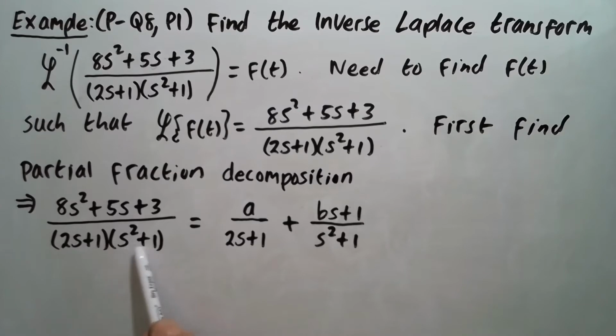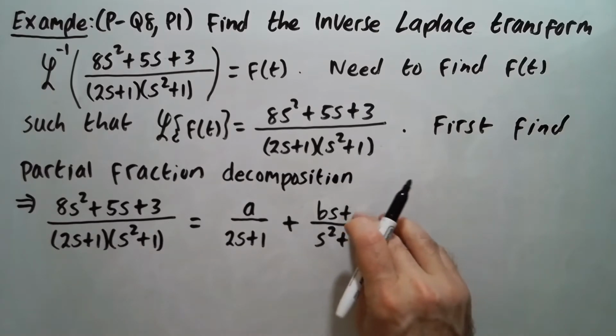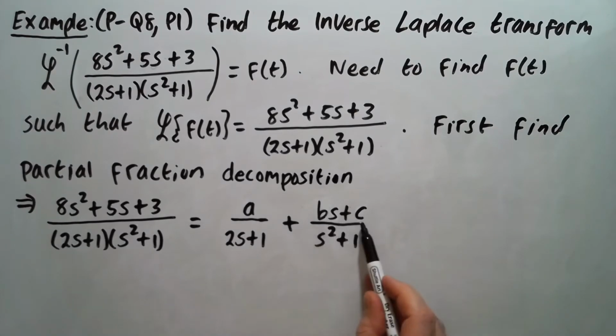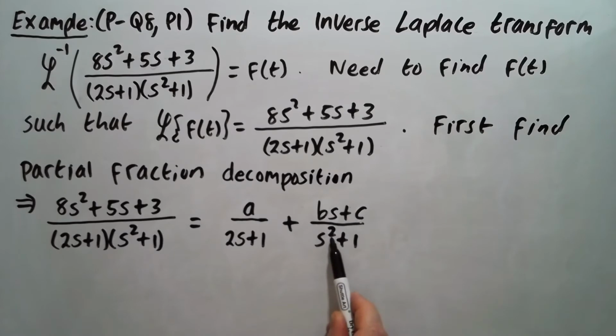If you keep it as a quadratic piece like we have here, then on top you'd have Bs plus C. Since it's an s squared, you have to go s and a constant term. So our job then is to find the A, B, and C that make this a true statement.